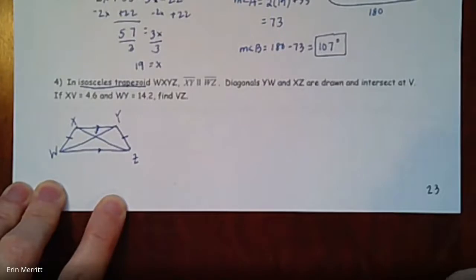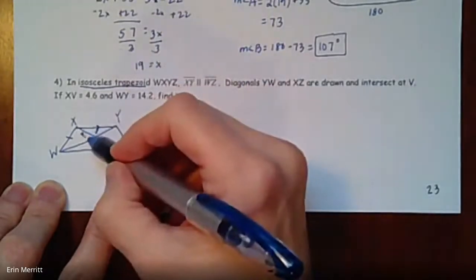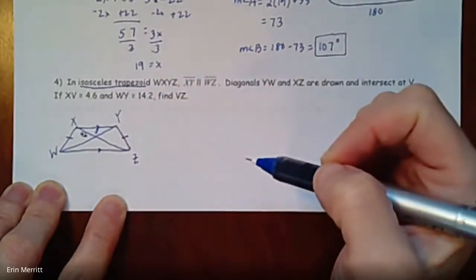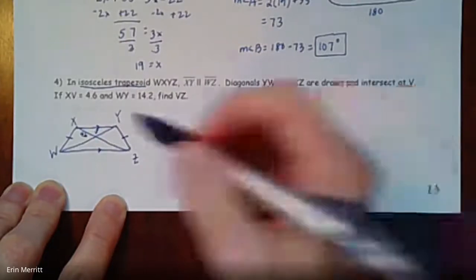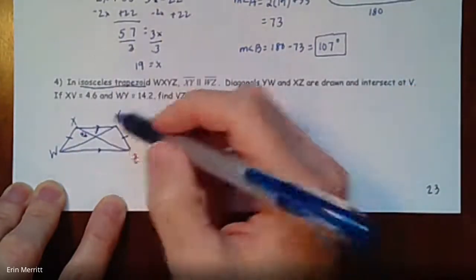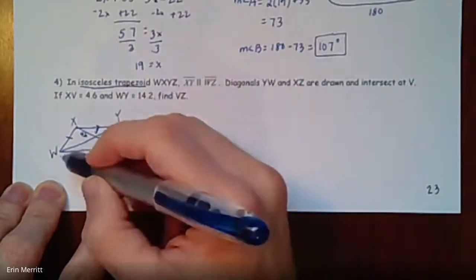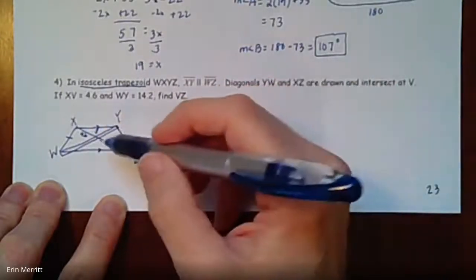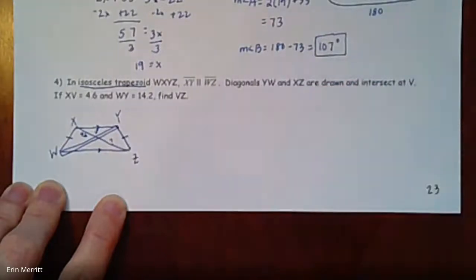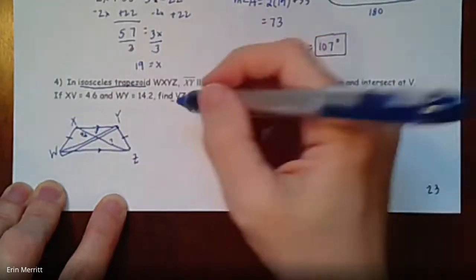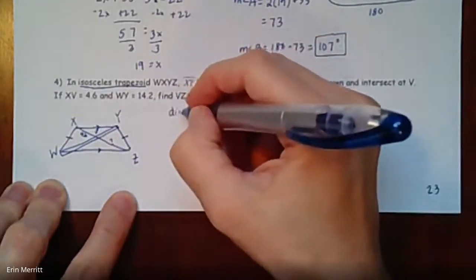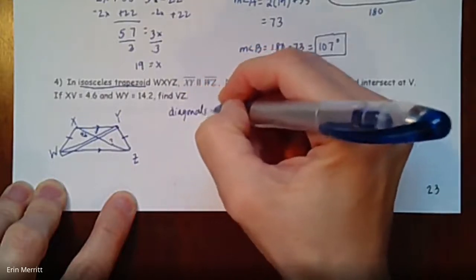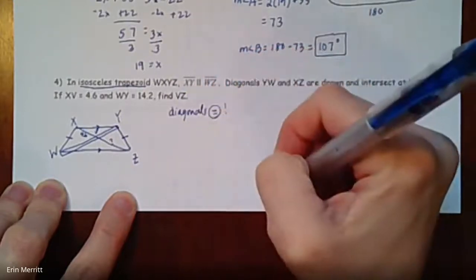If XV is 4.6, and WY, that's the whole thing, is 14.2. So that whole length. Find VZ. So find this piece right here. All right, well, when it's an isosceles trapezoid, the diagonals are equal. So that works out nicely.